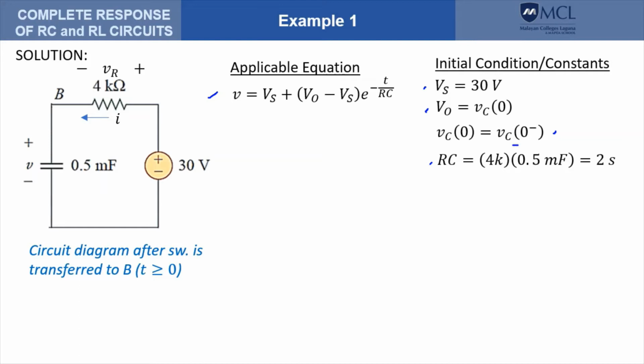written in this manner. How do we get the voltage before the switch transfers to B? Well, we have to look at the part of the circuit before the switch transferred. So that part of the circuit involving the capacitor is this circuit.